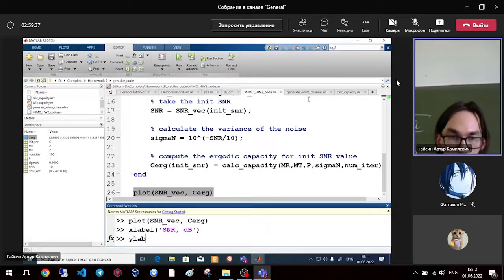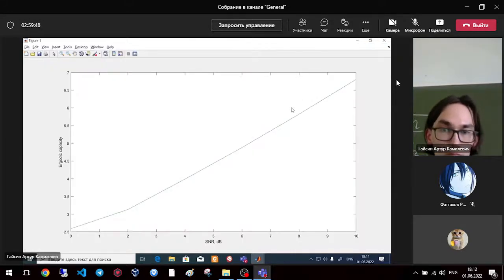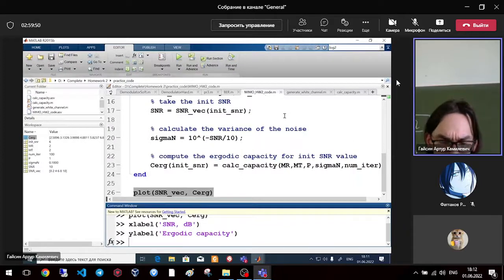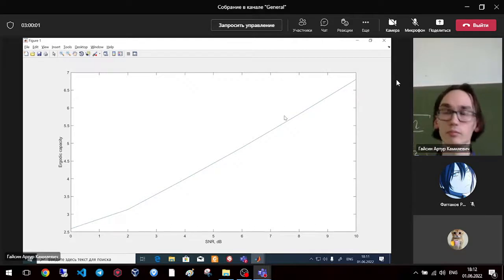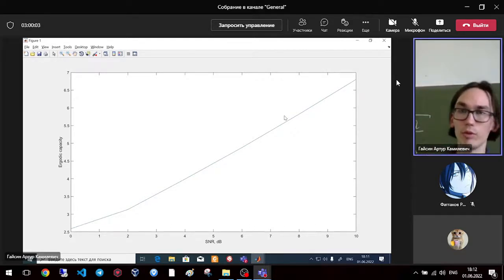In Y label, we have, let's call it ergodic capacity. And okay. And you can see, if we increase the signal to noise ratio, the ergodic capacity also will be increased. So from this plot, for example.